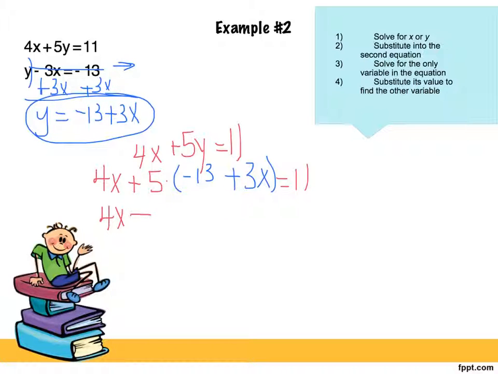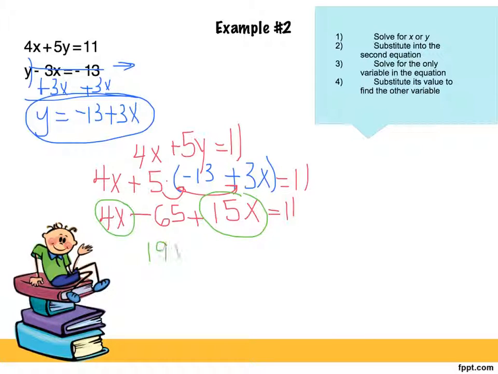So 4x, now positive times negative is negative. We multiply 5 times 13, so 5 times 3 is 15, 65. 5 times positive 3x is positive 15x, equals 11. Let's combine our like terms. So we will have 19x minus 65 equals 11.